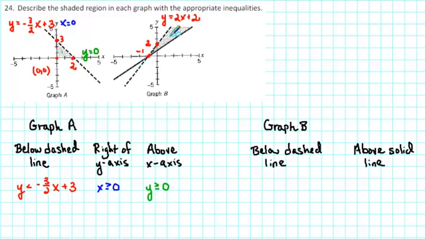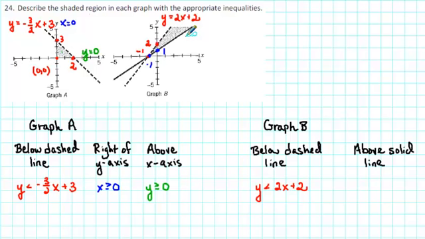However, our shaded region is below the dashed line. So the associated inequality is y is less than 2x plus 2. For the solid line, we have the same x-intercept, -1, but our y-intercept is different. It's +1.